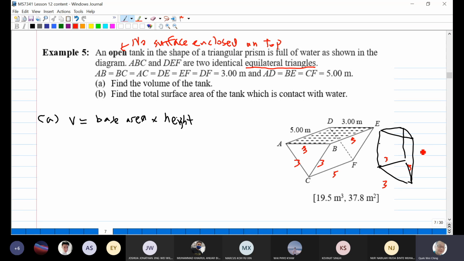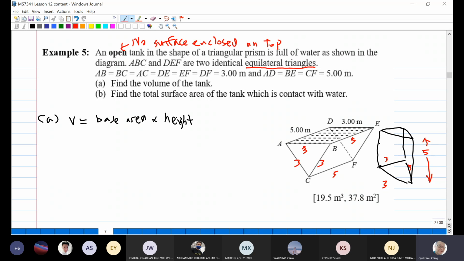The height is actually 5. So the base area is a triangle here.